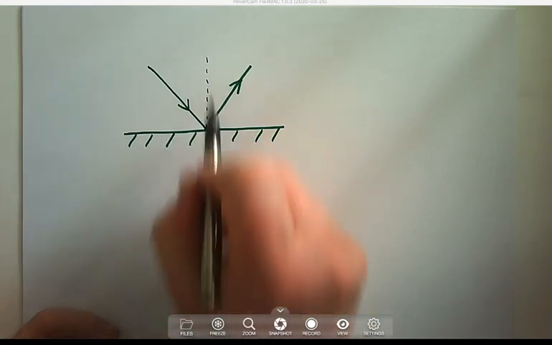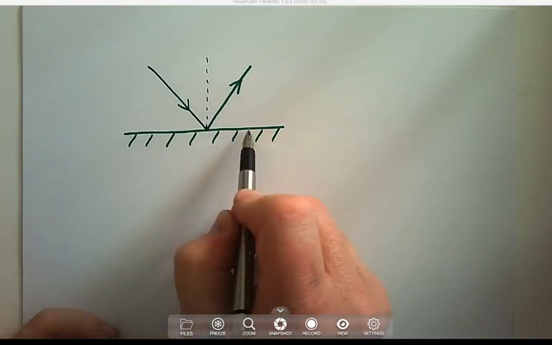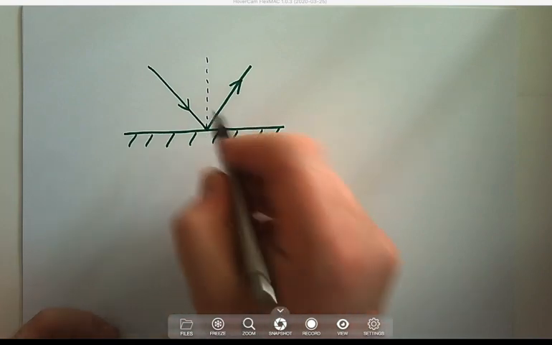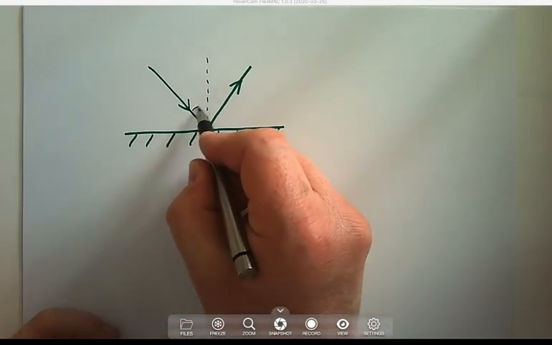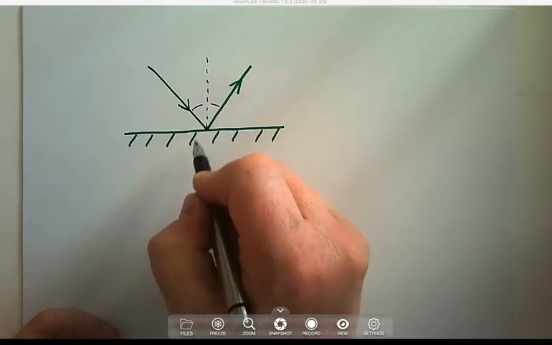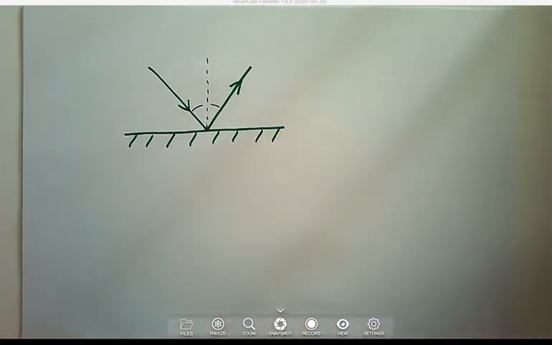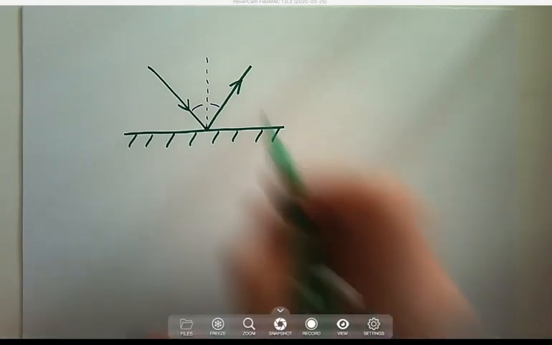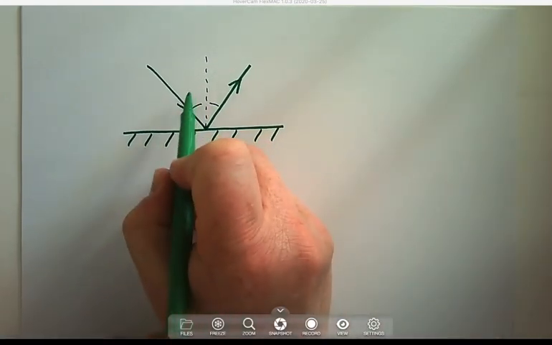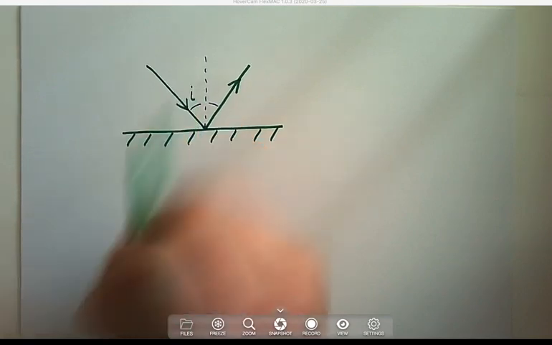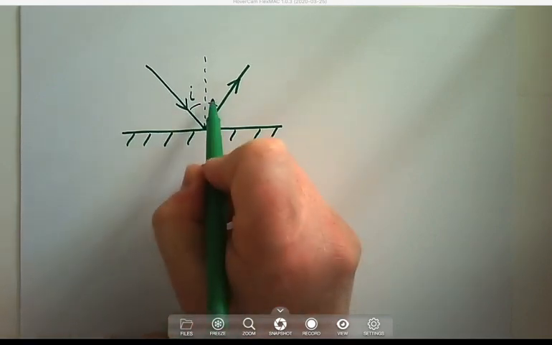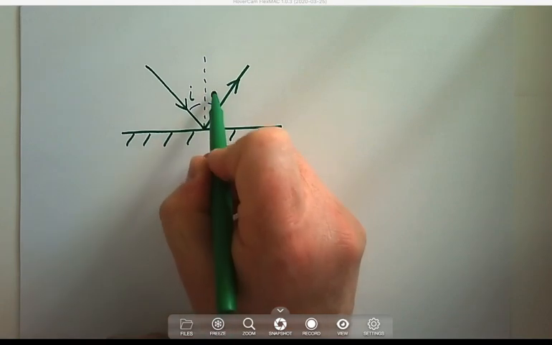So that line is 90 degrees to this line. This angle and this angle are specific to this experiment. So here we have the angle of incidence, and here we have the angle of reflection.